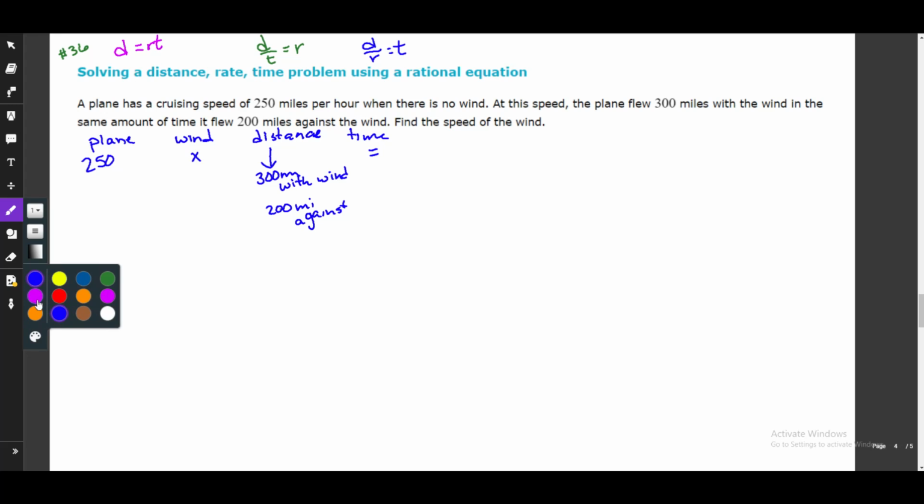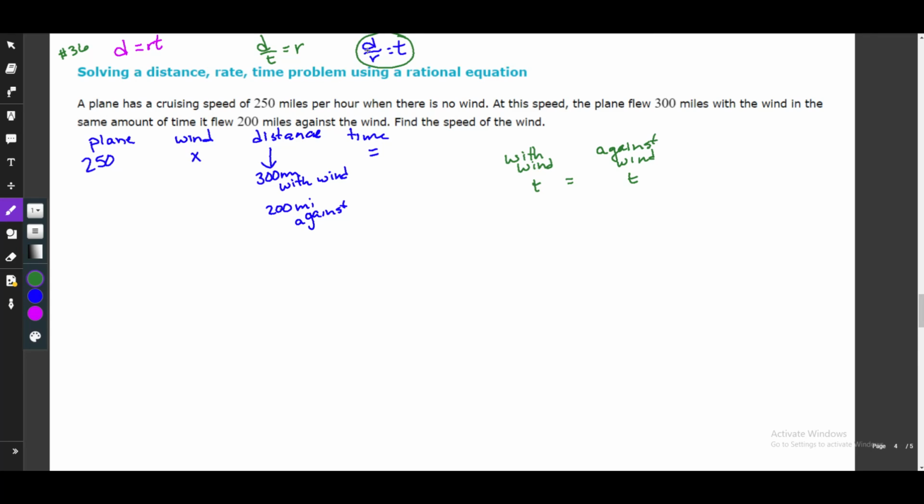So we are going to go into our formulas. So we've got the time is the same. So I'm going to think about this one. And I know with wind, the time equals against wind. All right, so I've got the time equals the same both ways.